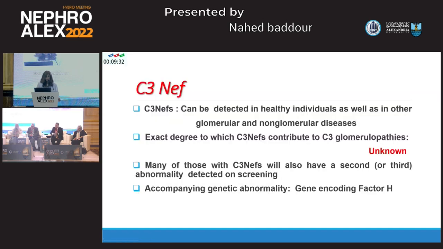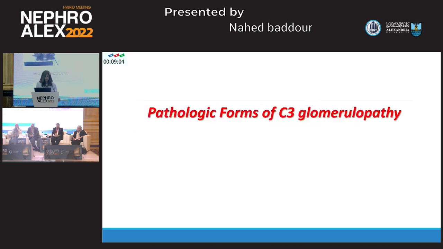So we don't know the exact degree to which the C3 nephritic factors contribute to the C3 GNs, and they can be detected also in healthy individuals as well as in other glomerular and non-glomerular diseases. And many of these C3 nephritic factor patients will have a second or third abnormality detected on screening, and they have accompanying genetic abnormalities in coding complement factor H.